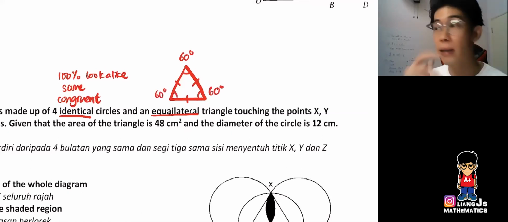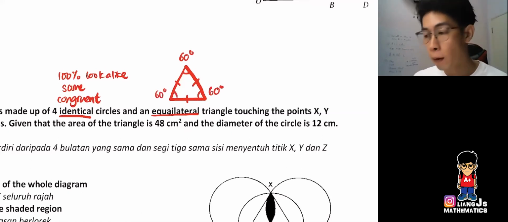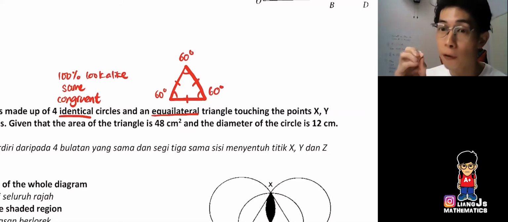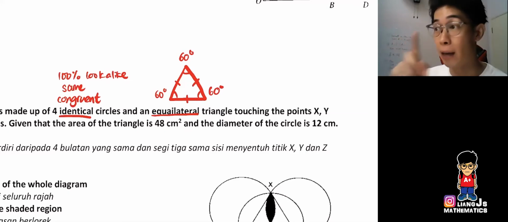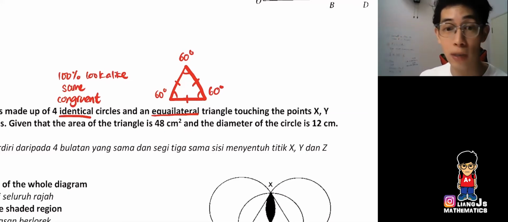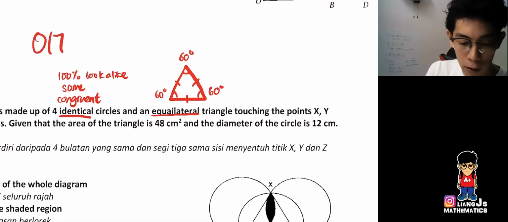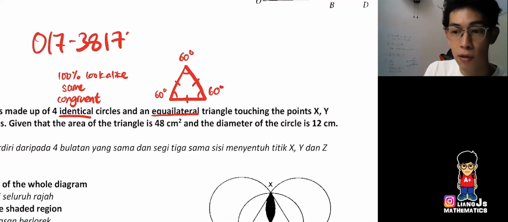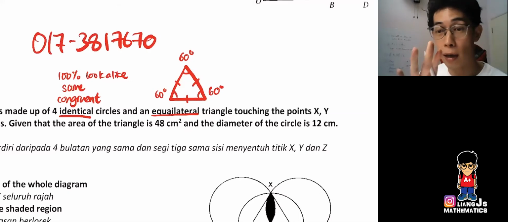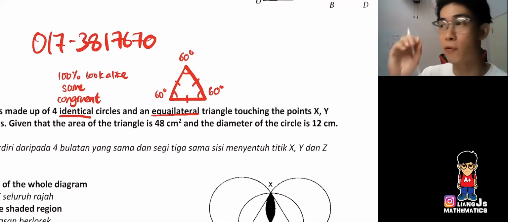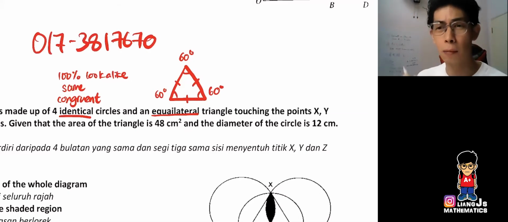But anyhow, students, everyone, because this class involves a lower standard, if there is any creative method that you have, go ahead. Of course, you want to confirm with me, you can send it to my WhatsApp. I repeat my WhatsApp, 01738176670. Because just now in Mandarin class, students have been asking me, teacher, can I do this?